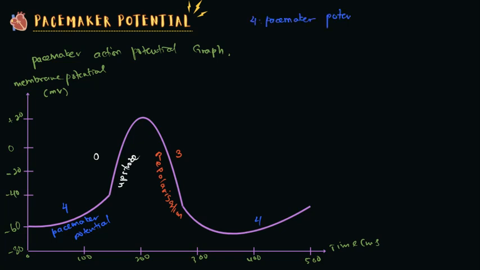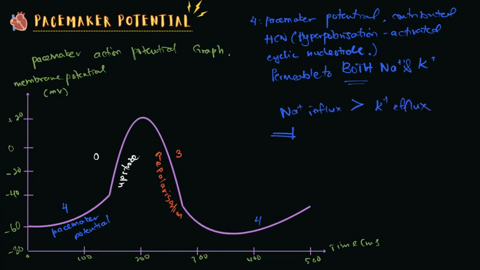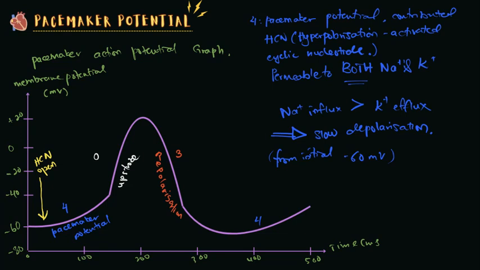Looking at the different phases in greater detail, phase 4 pacemaker potential is contributed by HCN, which is the hyperpolarization activated cyclic nucleotide channel. It is permeable to both sodium and potassium, activated at a more negative potential, which is what the funny current actually is. So the sodium influx is greater than potassium efflux.